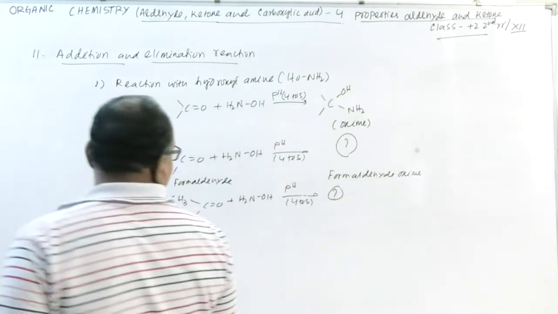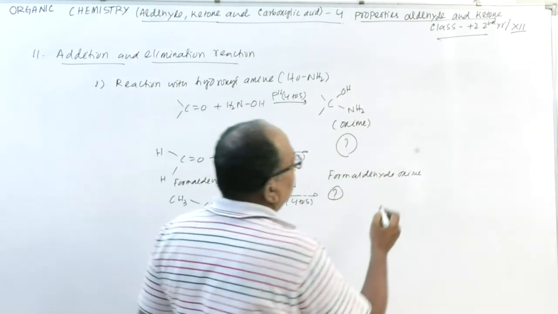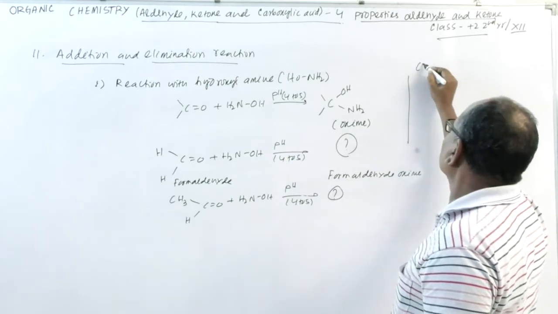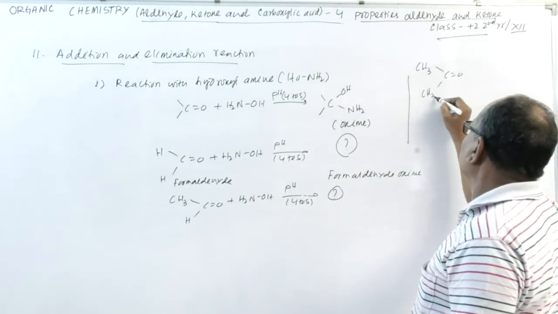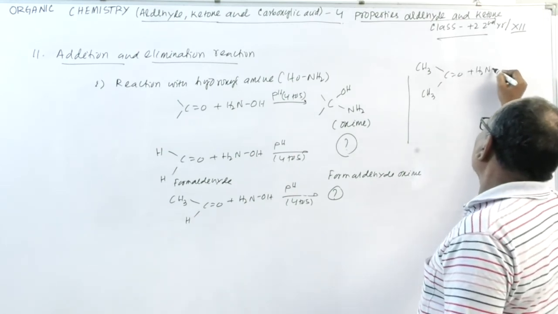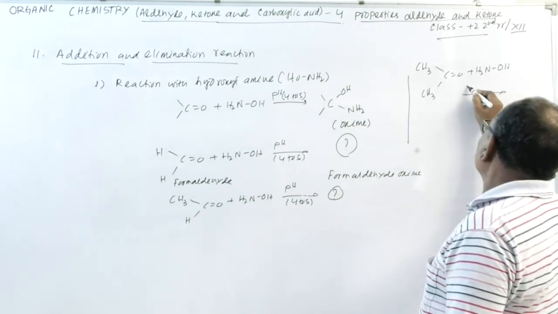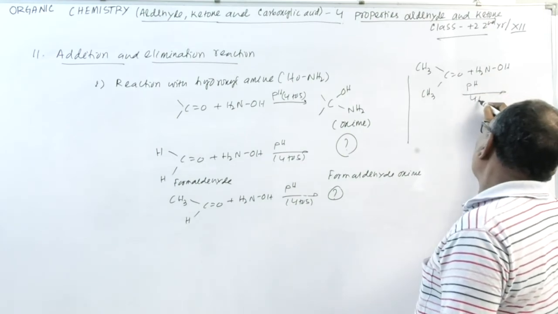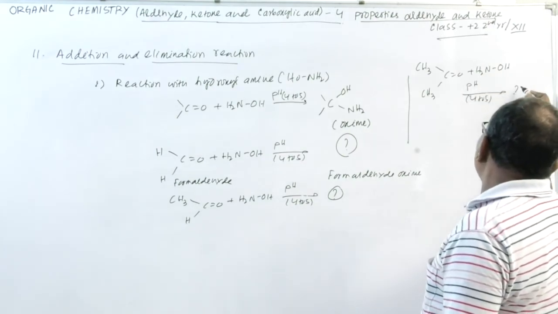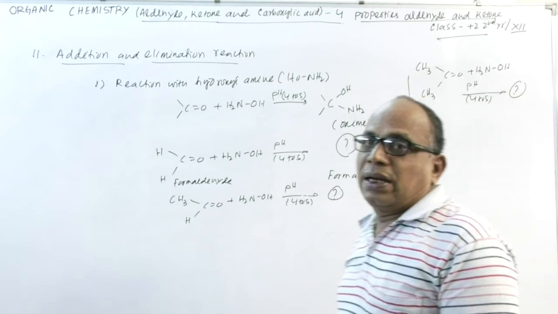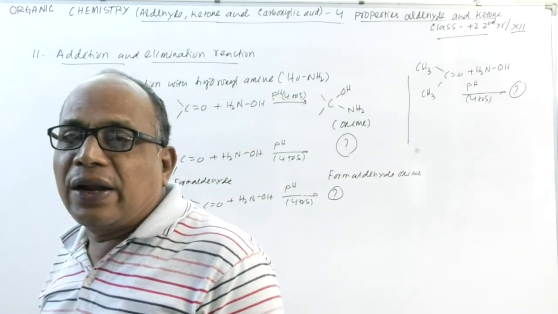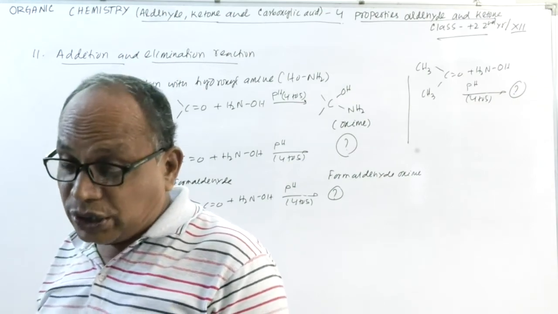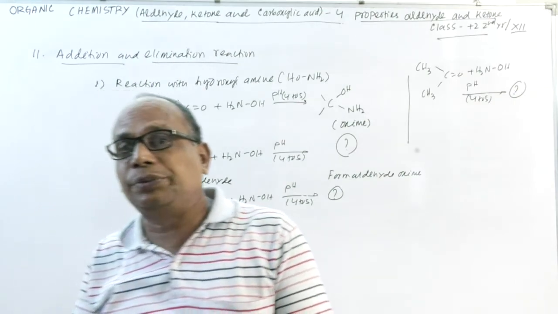Similarly, you can take acetone reacting with hydroxylamine at pH 4 to 5, and the product is acetone oxime.